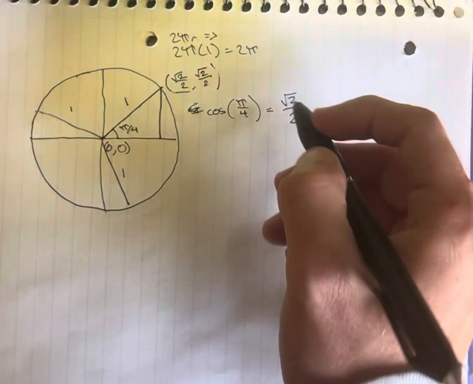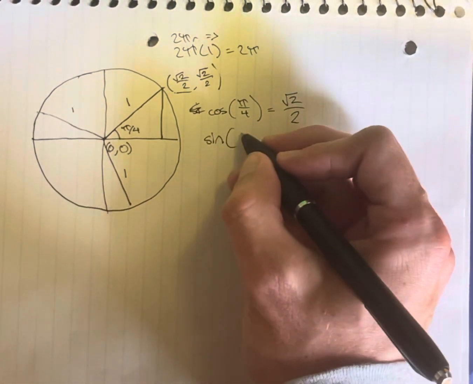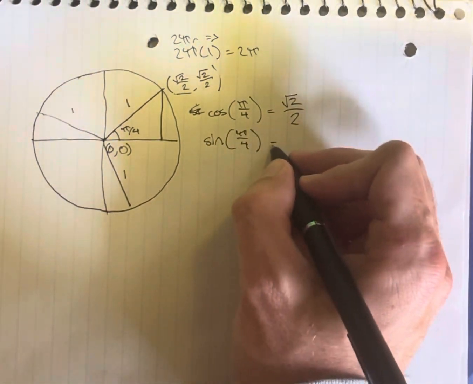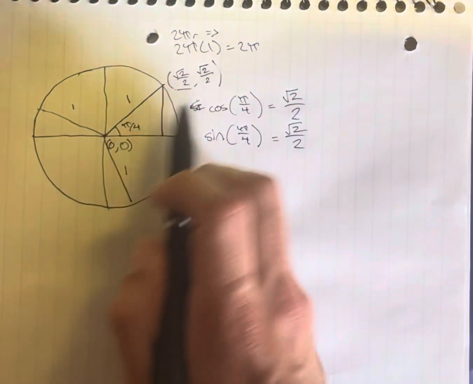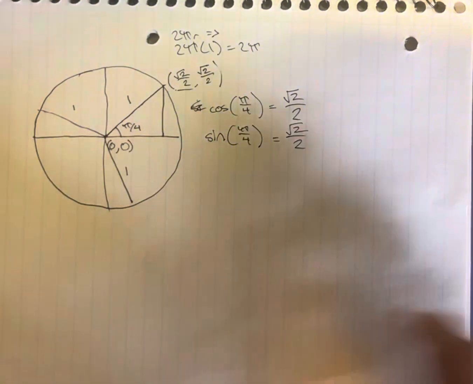On the other hand, we take the sine of the value and we get the y value. In this case, they're both the same, but this holds true for any other point on the unit circle.